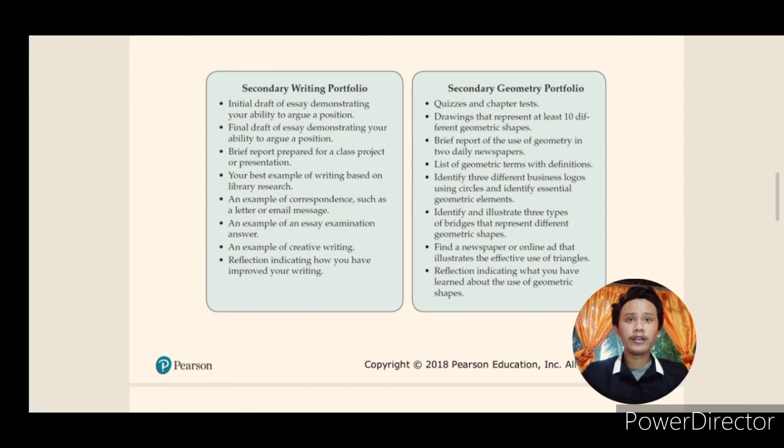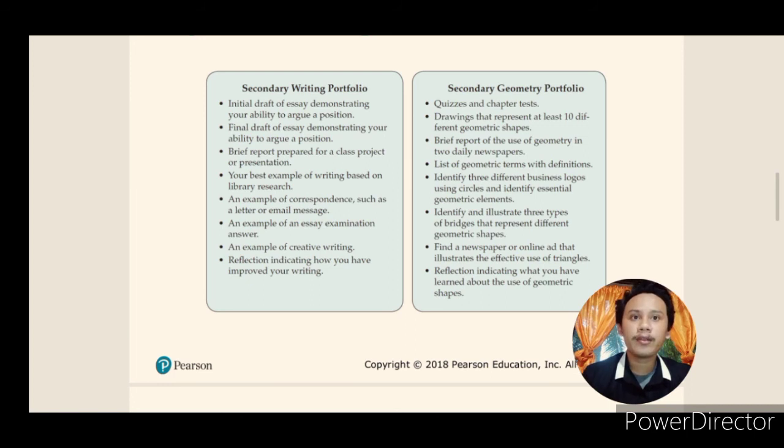So now, here are the examples of portfolio. First, the secondary writing portfolio. This includes the initial draft of an essay demonstrating your ability to argue a position. Second, the final draft of the essay demonstrating your ability to argue a position. Third, a brief report prepared for a class project or presentation.